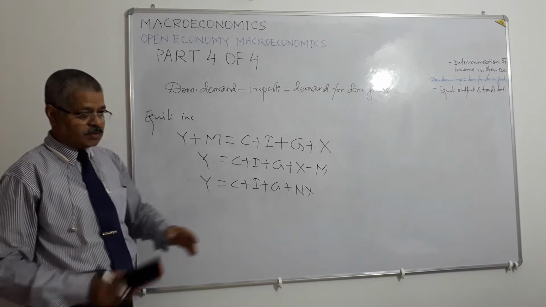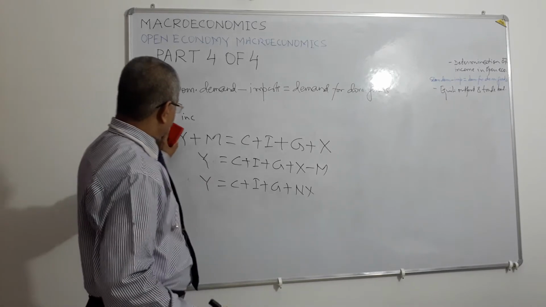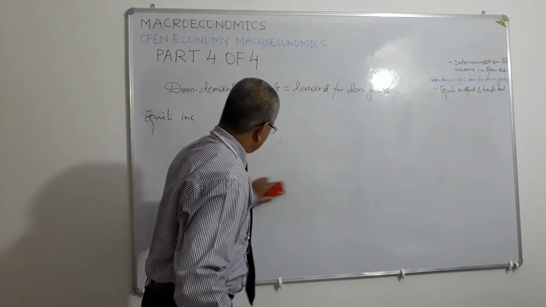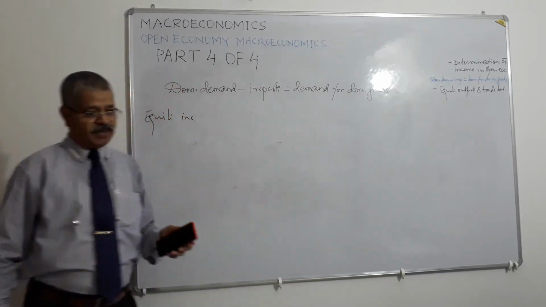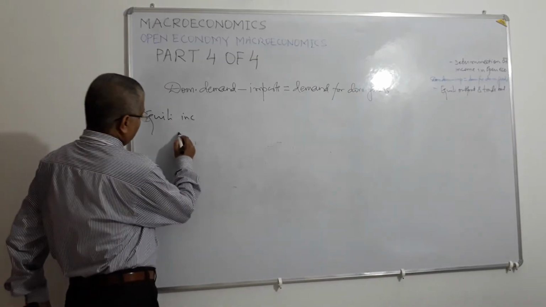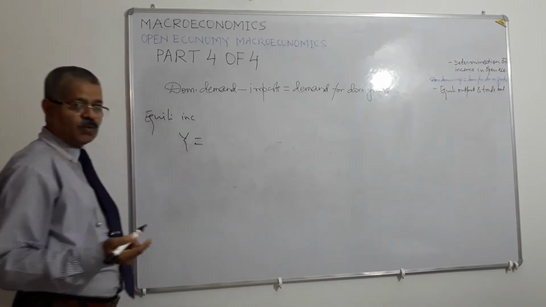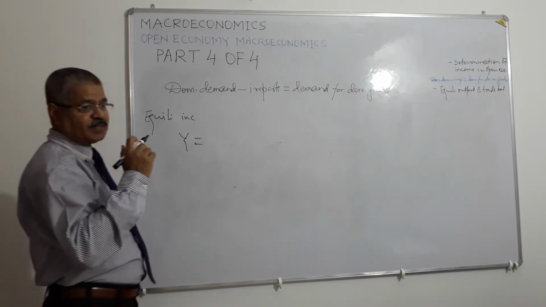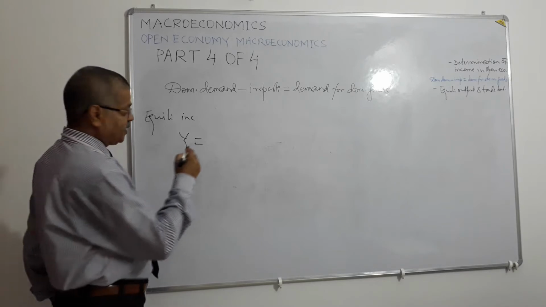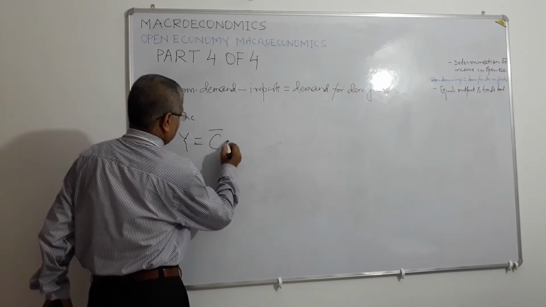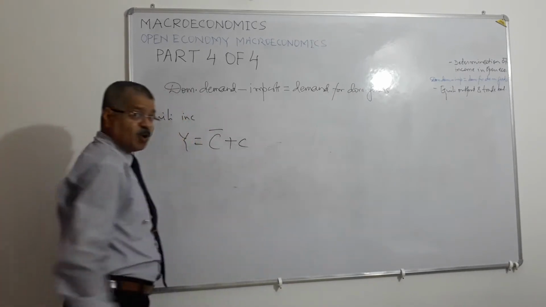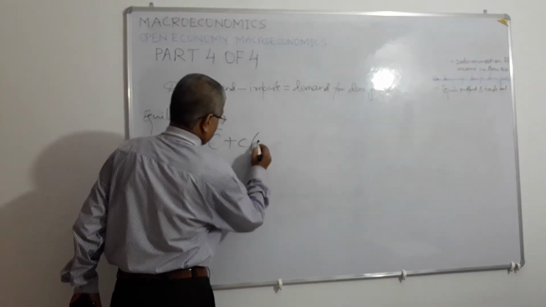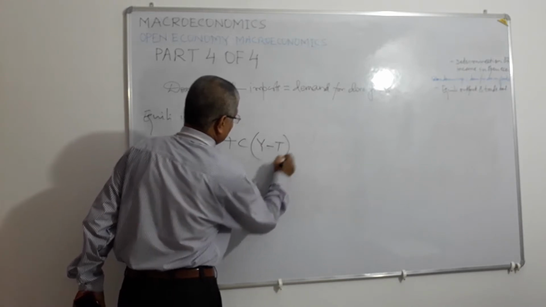So equilibrium income will be, what will it be? Y is equal to autonomous consumption expenditure, plus a small c, marginal propensity to consume, multiplied by Y minus T. What is this?